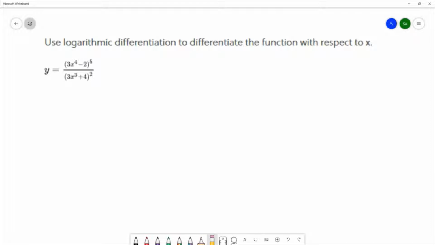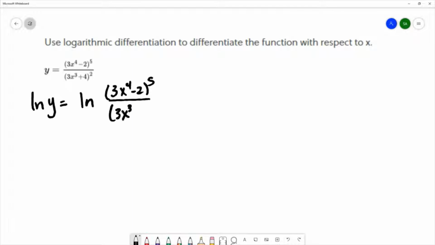derivative to calculate. So the idea is that you would start off by taking the log of both sides: log of y on the left, the natural log on the right, that would give you (3x^4 - 2)^5 over (3x^3 + 4)^2.